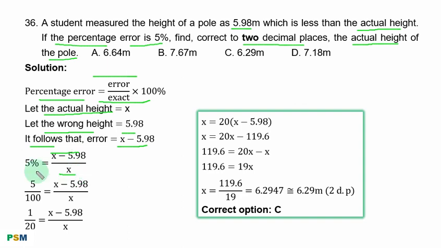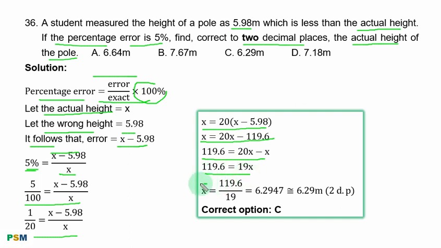Because of the presence of percent, this 100 is out. So if you convert this to an ordinary fraction, you have this result. When you reduce, you have this result. Next is to cross multiply. You expand the bracket, collect like terms, and you have this result.